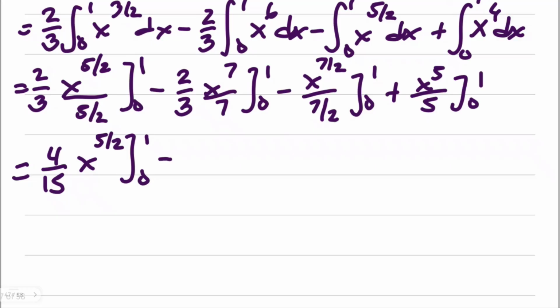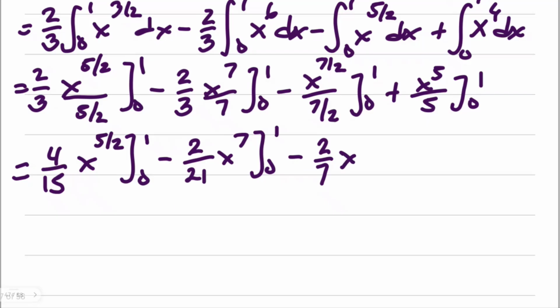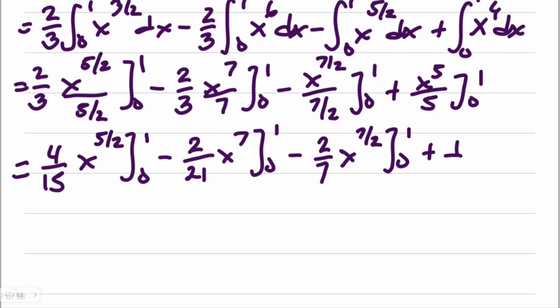This would be minus 2 over 21, right? 7 times 3. 2 over 21, x to the power of 7 still 0 to 1. This time reciprocate that. Yeah, minus 2 over 7's x to the power of 7/2 still 0 to 1. And still here you have 1/5 x to the power of 5, 0 to 1.